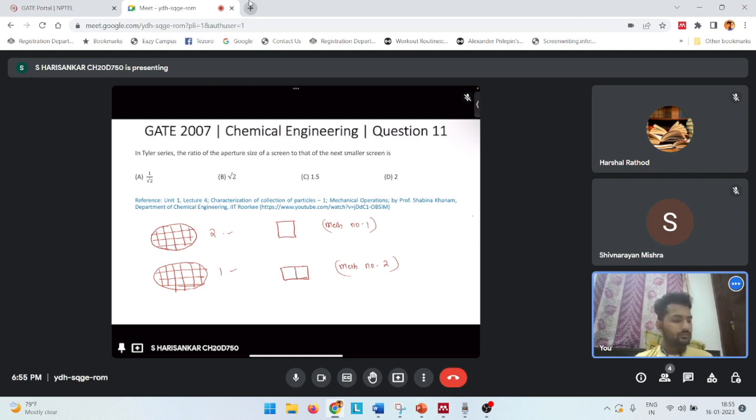Now let us say this has an area A1, which is the larger mesh here of mesh number 1, and the bottom one, let us say each of these openings has an area A2. Now Taylor series says that A1 is basically equal to 2 into A2.